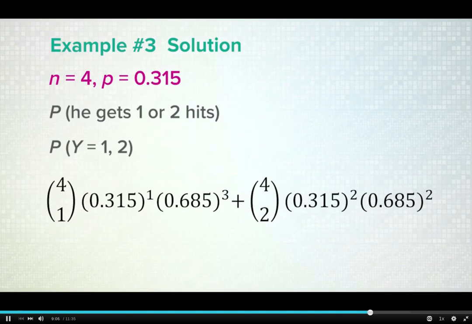I can use the binomial distribution to answer this question. Using the formula, the probability that y equals 1 or 2 would be 4 choose 1 times 0.315 to the first times 0.685 to the third, plus the probability of 2 hits, which would be 4 choose 2 times 0.315 squared times 0.685 squared.